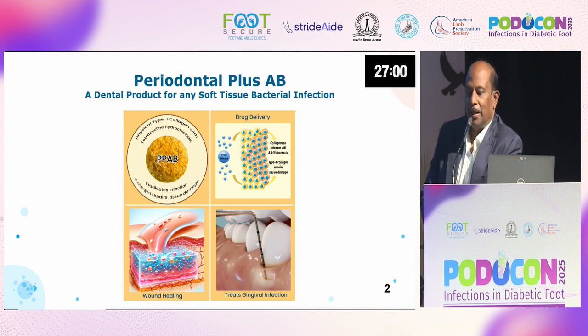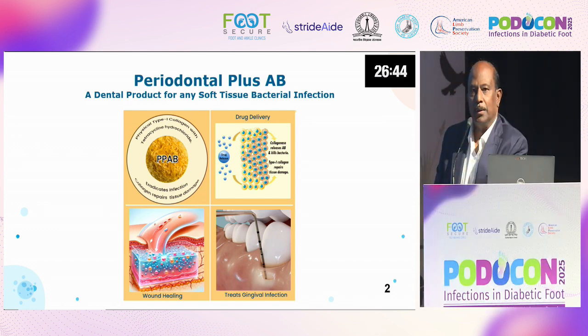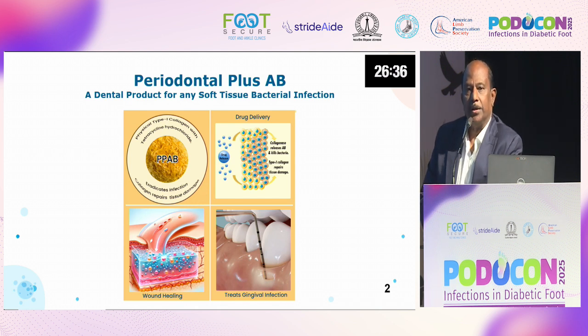We have tetracycline hydrochloride incorporated type 1 collagen, and it has a dual role, because people think that killing the bacteria is the only job of the antimicrobials, but that's wrong, in my opinion, because after the eradication of the bacteria, we need to make sure that the tissue is properly formed. That's one of the very important things in the treatment of any kind of wound, the infected wound.